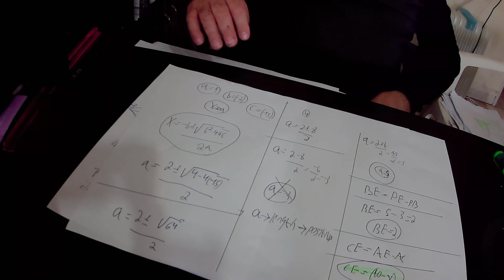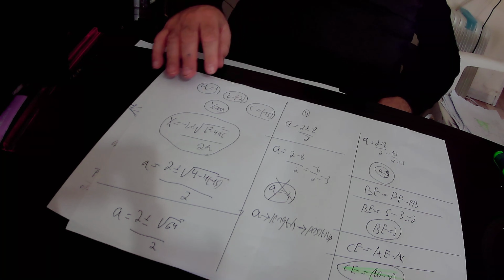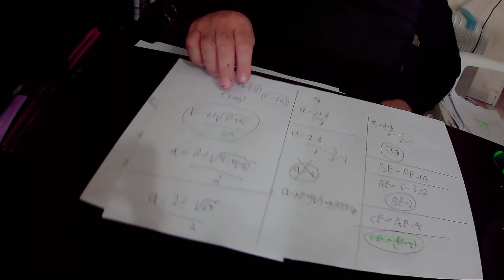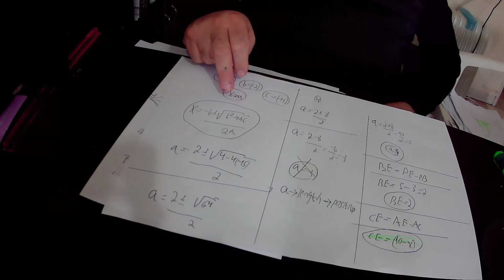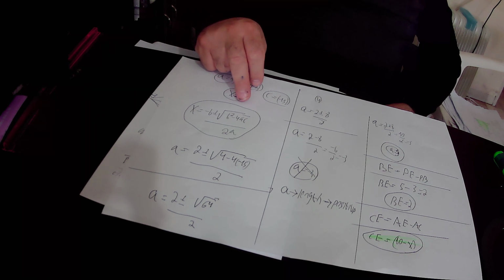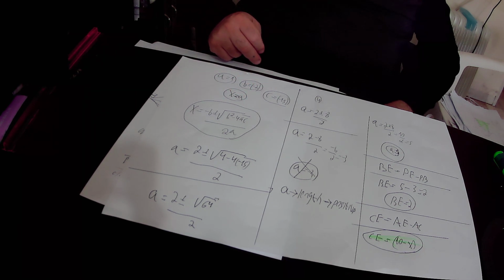The general formula for the solution of a quadratic equation is x equals minus b plus or minus the square root of b squared minus 4ac, over 2a.